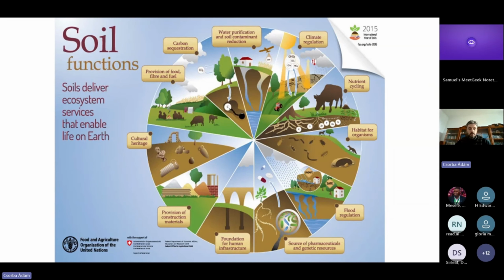In addition, soils support human societies through the foundation that they provide for infrastructure and through their role in preserving cultural heritage. The main takeaway from this slide is that healthy soils are multifunctional. They simultaneously support agriculture, biodiversity, water, climate, and human development.